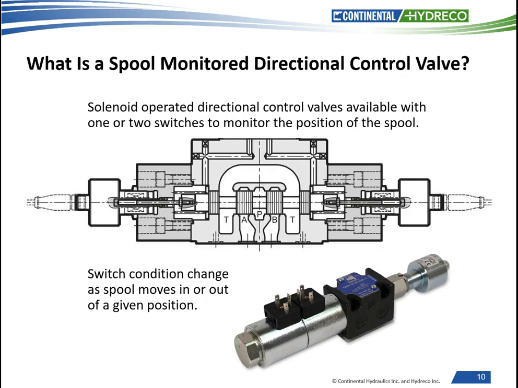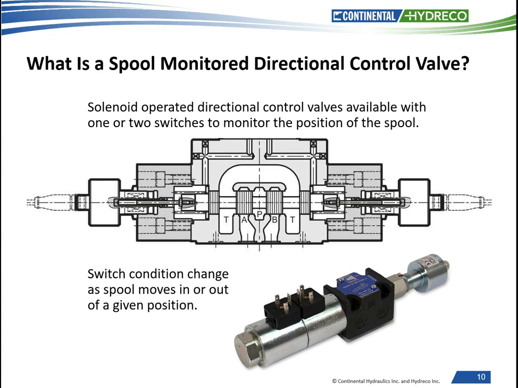What is a spool monitored valve? A monitored valve uses a switch that is mechanically attached to the sliding spool. Valves are available with 1 or 2 position monitoring switches. The basic function of the switch or switches used is to sense the neutral or powered down spool position.